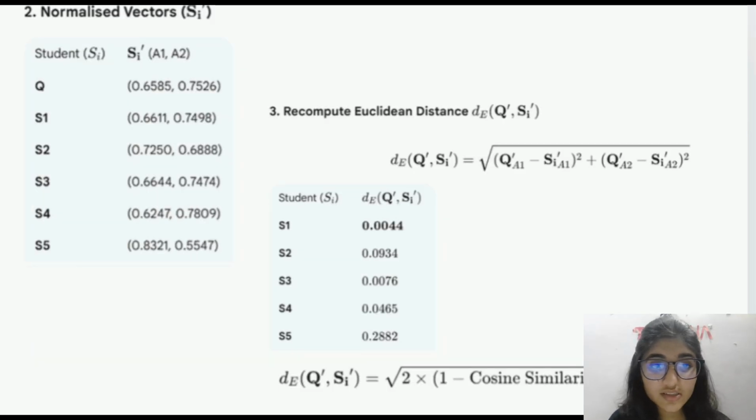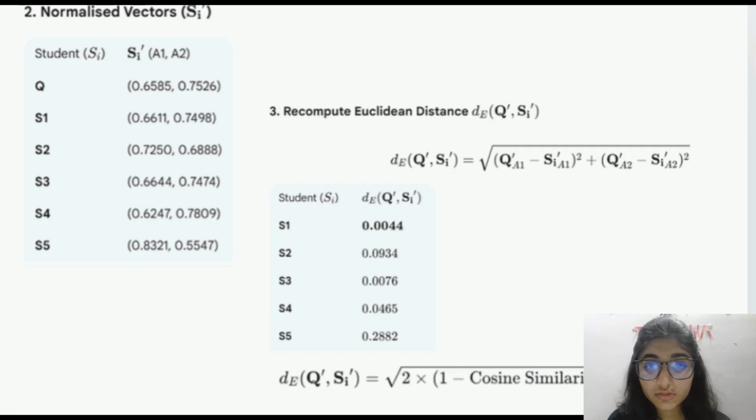Now let's see the normalization and recomputation of Euclidean distance, that is the normalized vector. To calculate the normalized vector v', such that the norm of v' is equal to 1, that is v divided by its norm. In this we get the normalized vector as approximately 1.8028.